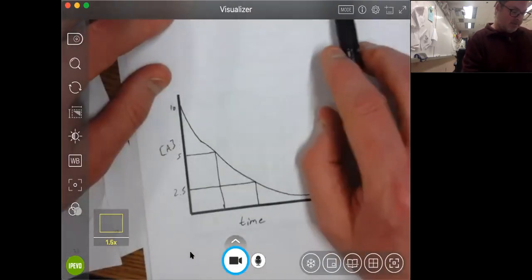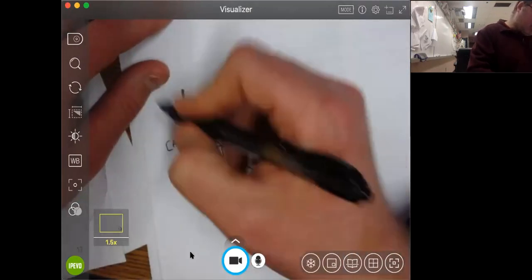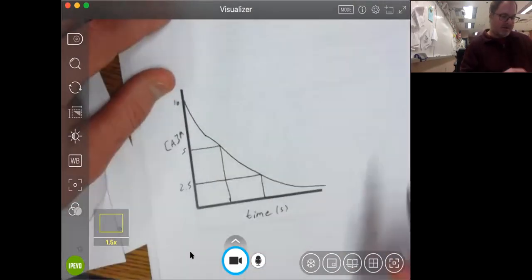Label each axis with the name and appropriate units. We can do seconds here. In concentration, we can do just molarity.